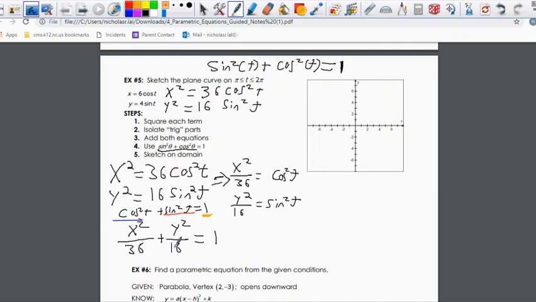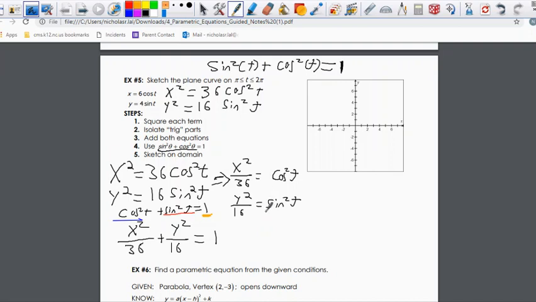X squared over 36, y squared over 16. So you have 0, 0, 36 over 16. And this becomes an ellipse, right?